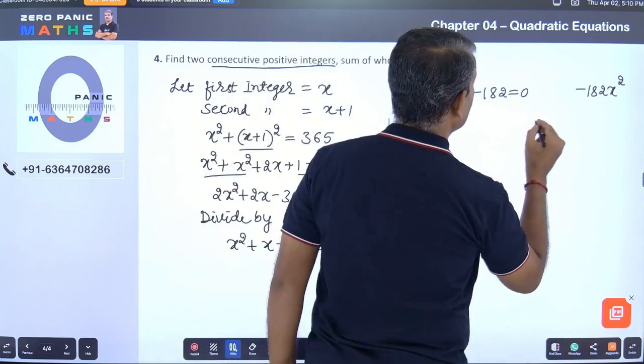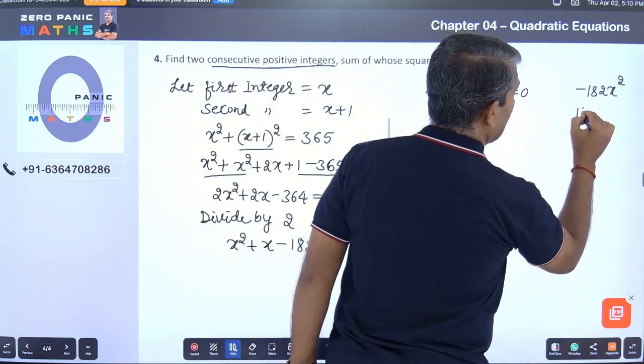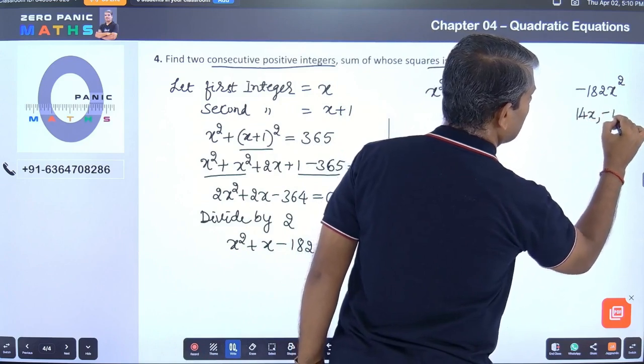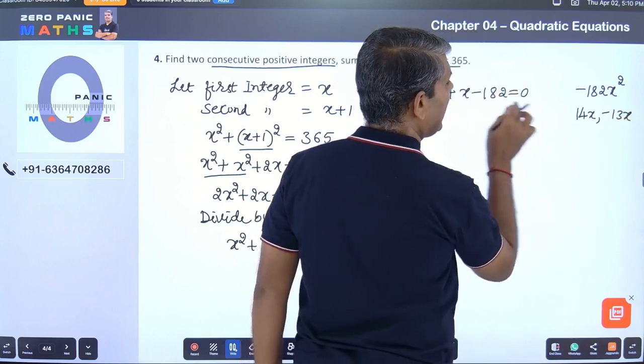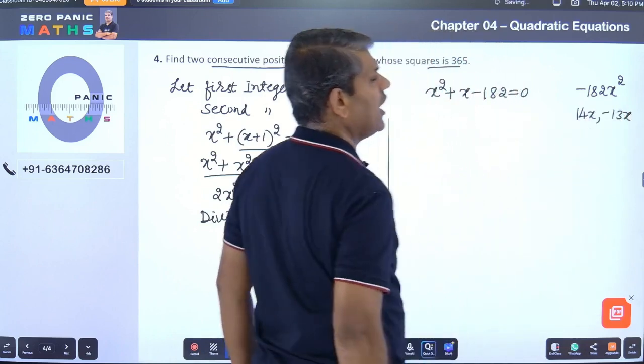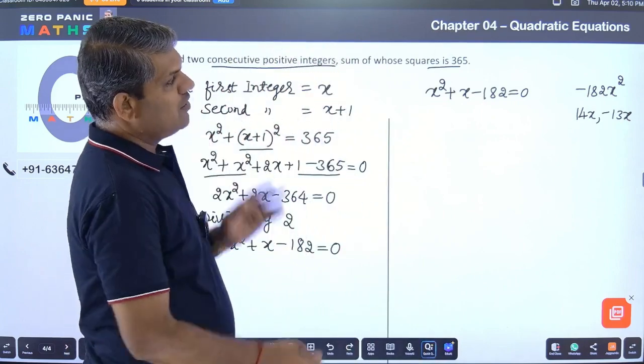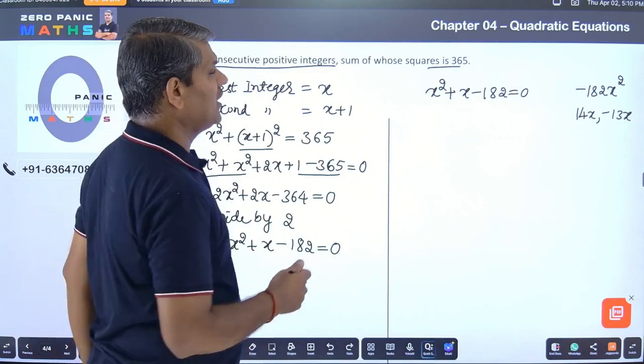Since it is plus 1, I can say 14x and minus 13x. So 14x minus 13x will get you plus x, and 14 into 13 will actually get you minus 182.